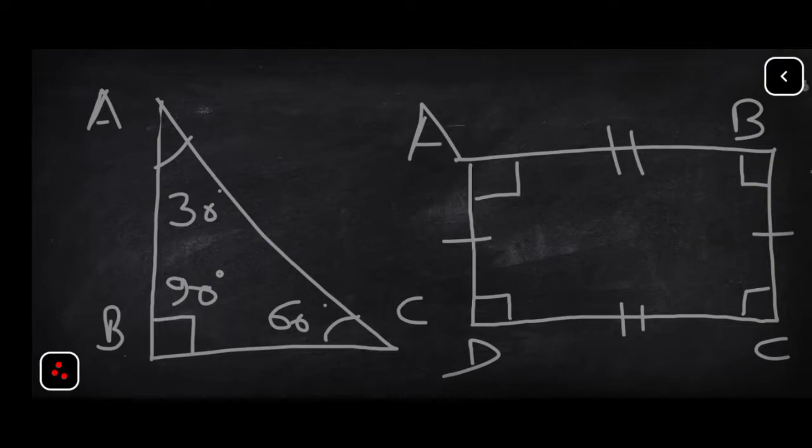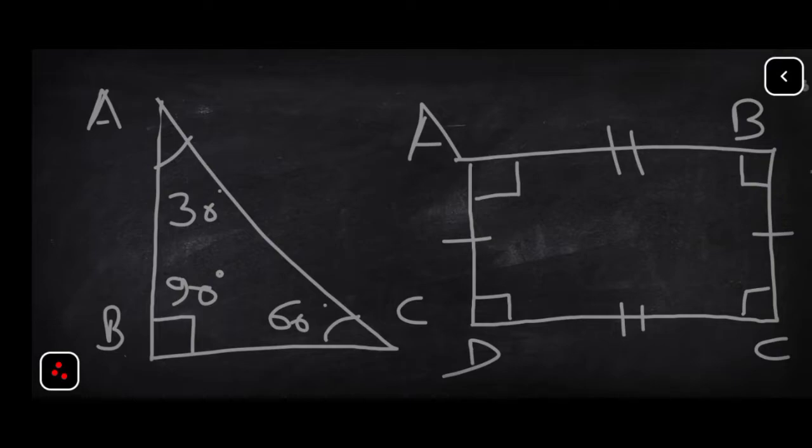For example, a right angle triangle. For a right angle triangle, there is an angle of 90 degrees. Then the rest of the angles can be 60-30, 20-70, or anything. So all the internal angles are not equal. You can take the second example, rectangle.